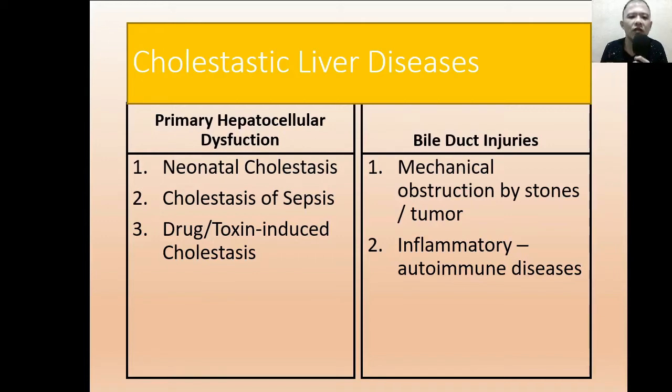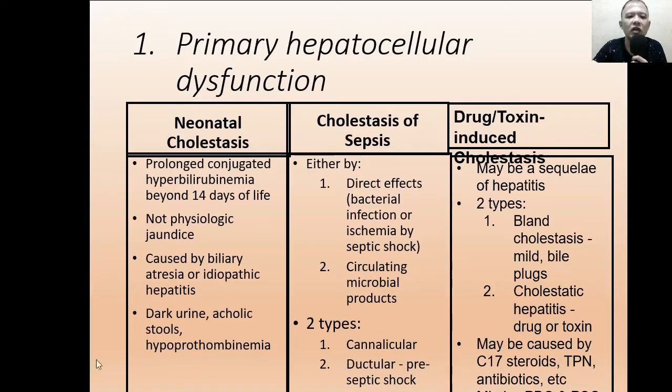So you have retention of bilirubin or bile secondary to a dysfunction in the liver or a bile duct injury. Under primary hepatocellular dysfunction, you have neonatal cholestasis, cholestasis of sepsis, and drug toxin-induced cholestasis.